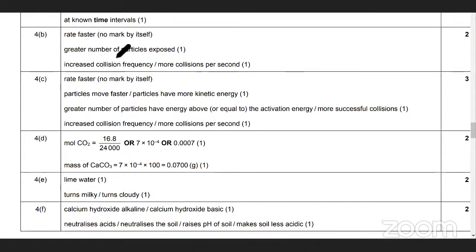And the first one was only the frequency of collisions were higher. Greater number of particles exposed, rate is faster. So the surface area is greater. That's this statement over here. I wrote more surface area. So greater number of particles exposed, that pretty much is the same thing.